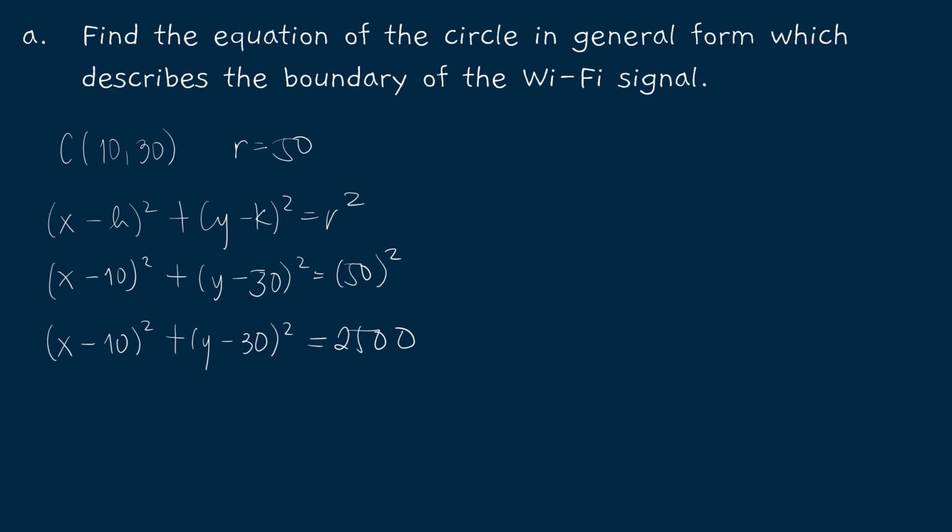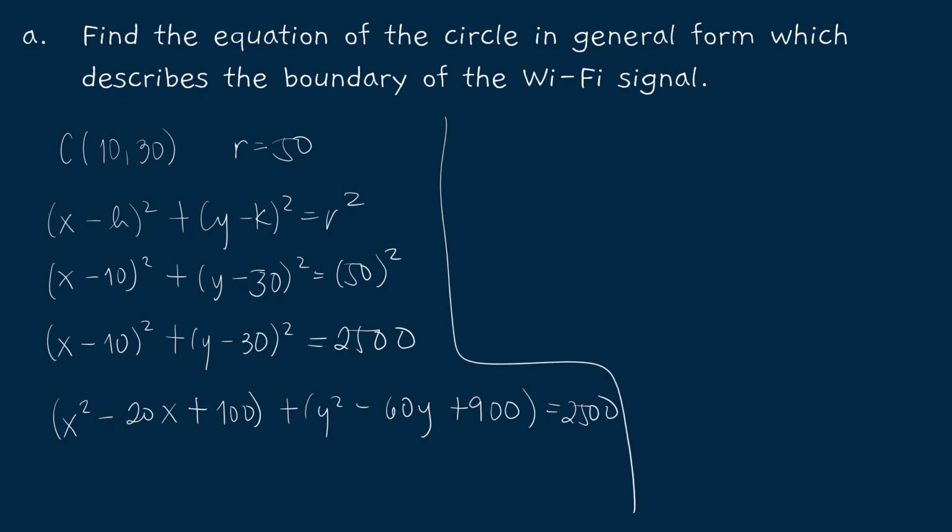But again, we are looking for the general equation, so let us expand the binomials. It will result in x² - 20x + 100 + y² - 60y + 900 = 2,500. Continuing on our solution, we can now transpose 2,500 to the left side and arrange the terms.